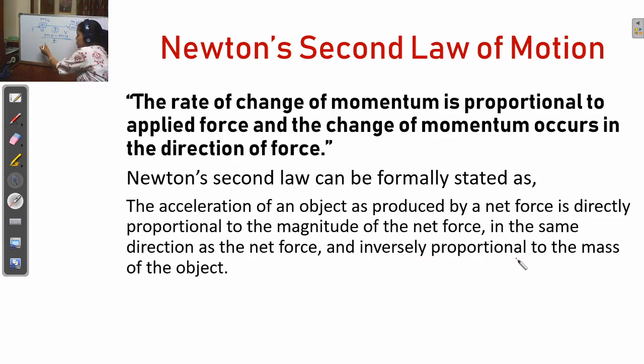Here we know the formula F equals ma, which we have to derive in this video, and A equals F upon m. That means the acceleration is directly proportional to F and inversely proportional to the mass. So this is a statement. We can choose either of these statements.